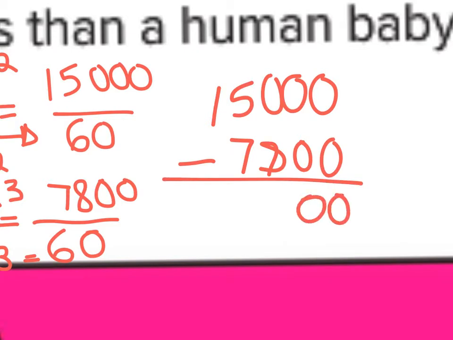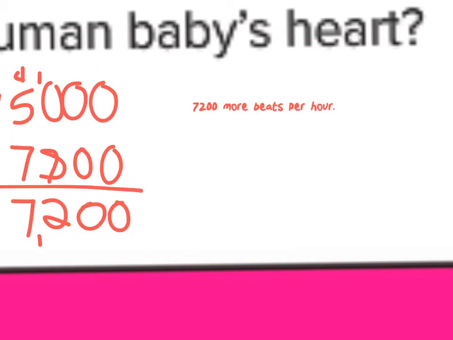This becomes 7,200 more, almost double the amount of a human baby. We can say, therefore, 7,200 more beats per hour. That's what the hummingbird's heart will do in an hour compared to a human baby's heart.